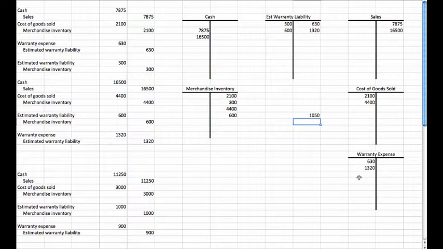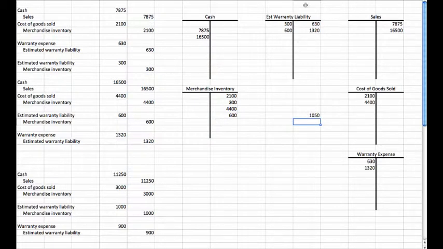Now I'm going to let you do the rest of this problem, but what we just need to remember is that because these three accounts are permanent accounts, you need to know what this number is for the warranty liability, because that's the beginning balance for the next year. We don't have enough information to determine what the beginning balance or an ending balance for cash is, or what the beginning or ending balance is in merchandise inventory.